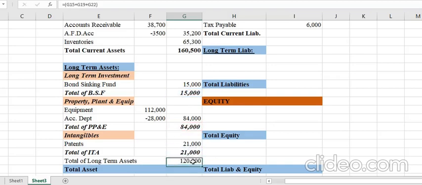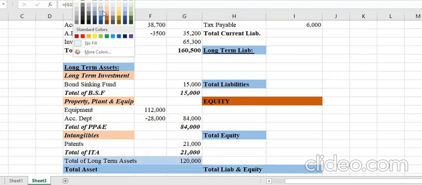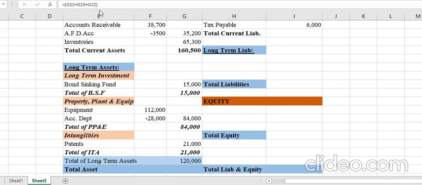So we get our long-term investments of $1,20,000. I will highlight it a bit. Yes, this is fine. So this is my total of the long-term assets.